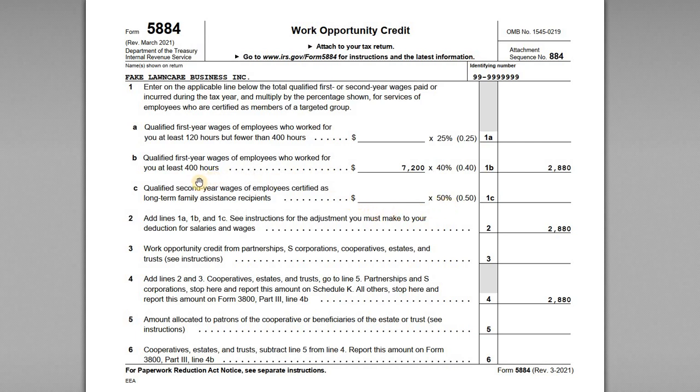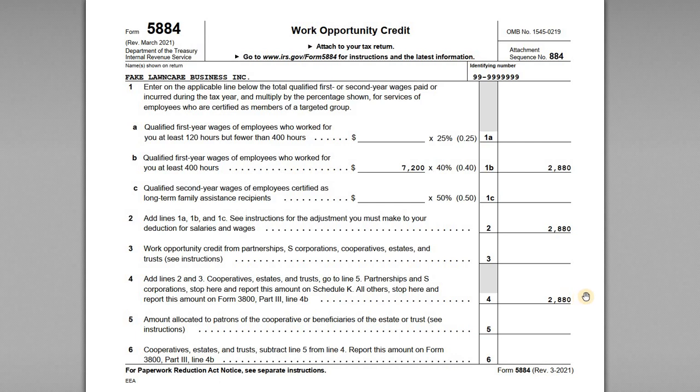The employee worked at least 400 hours during the year, and it's their first year working with the company. So the amount of wages is reported here on 1B, and the amount of credit available is $2,880, right? So remember, that's the amount of the credit. That is a non-refundable credit, so it's a dollar-for-dollar reduction in any taxes owed.